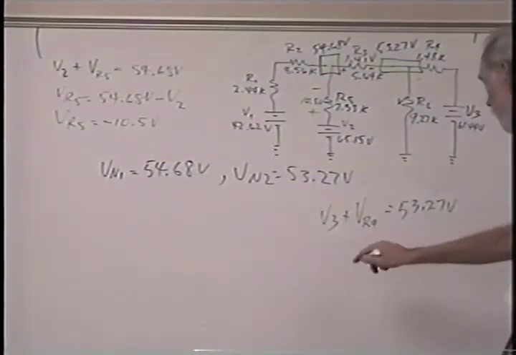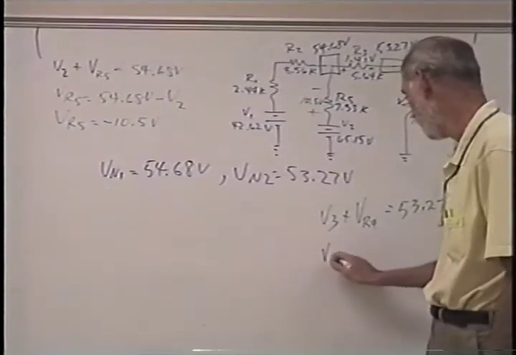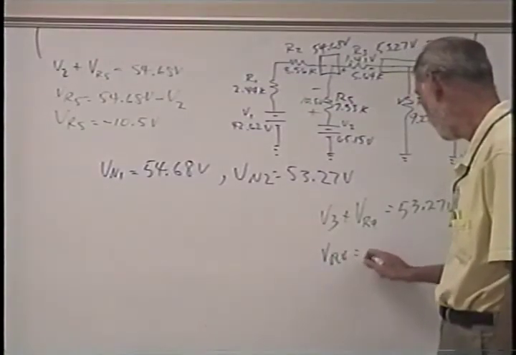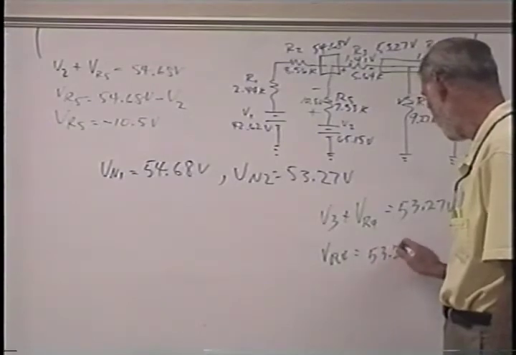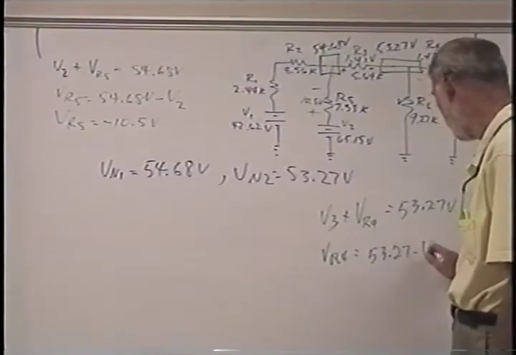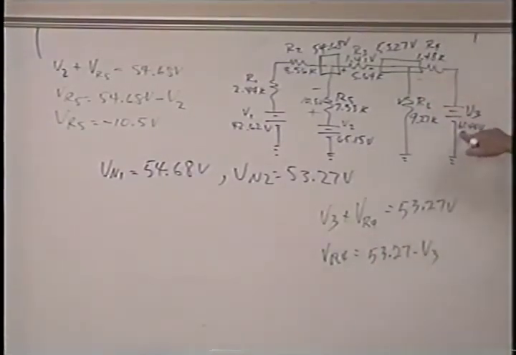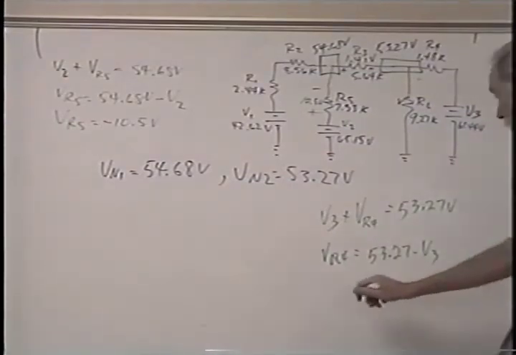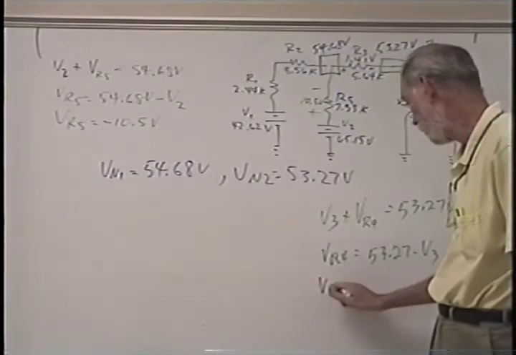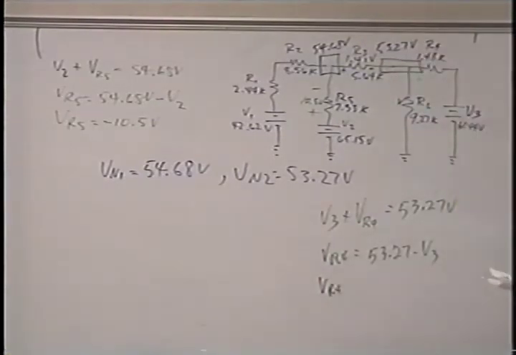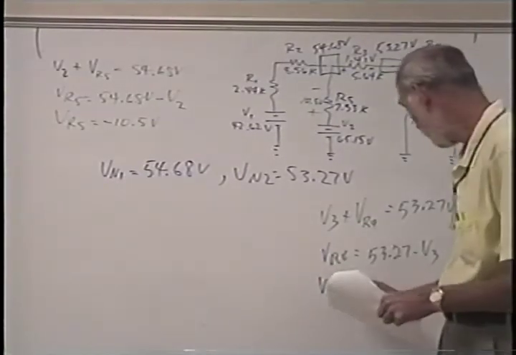If I solve this for VR4, V3 being 61.44 volts, I get VR4 is equal to negative 8.17.